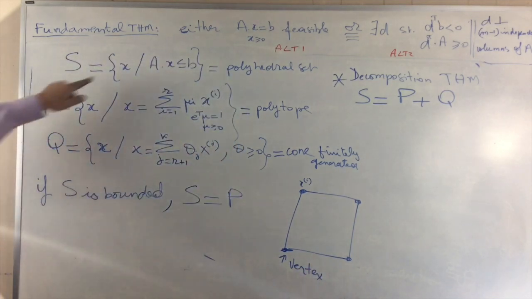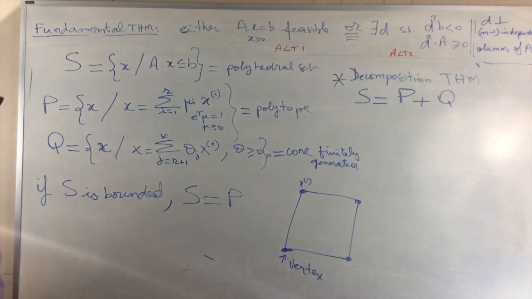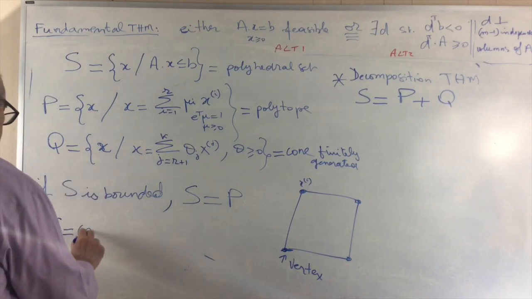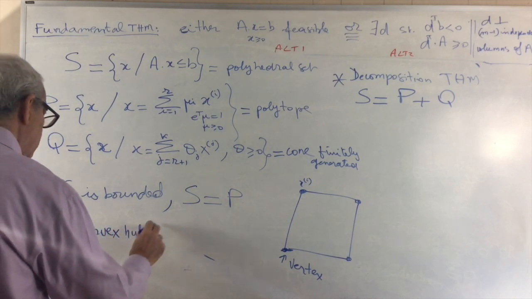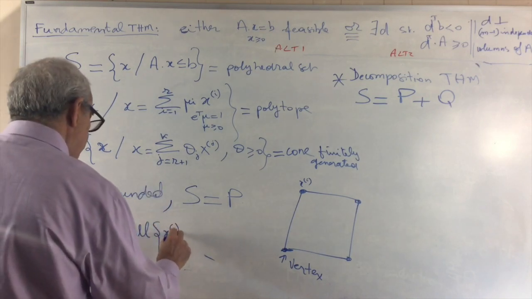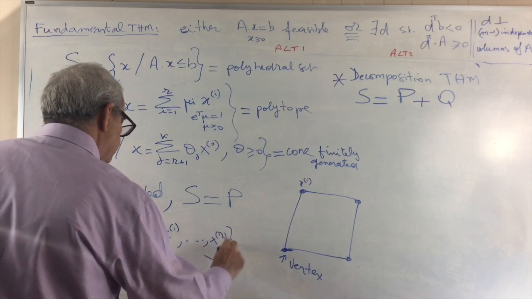So a bounded polyhedral set defined by Ax less or equal to b is generally called the convex hull of these vectors x_1, etc., x_r.